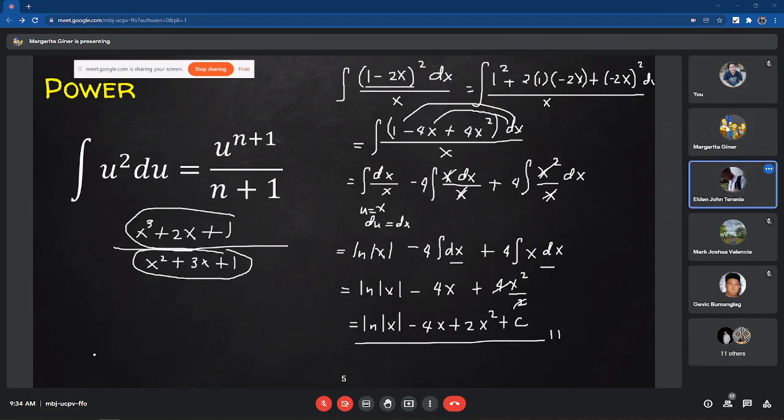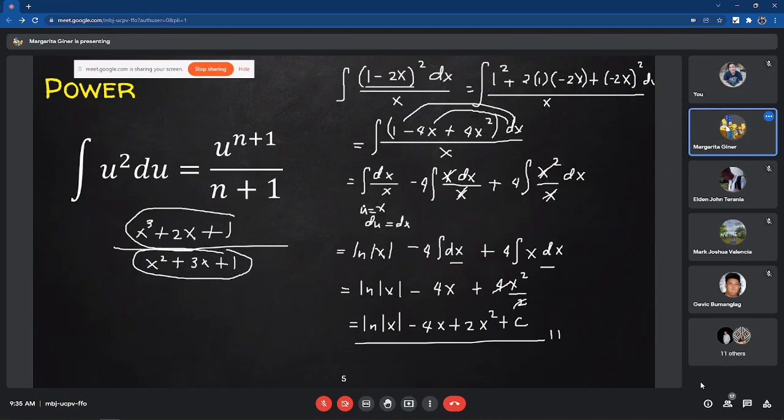Okay? The dx over x, that is ln x. dx over x, you get ln x. Isn't the u here x? Based on our rules, if you see du in the numerator, you can use ln.